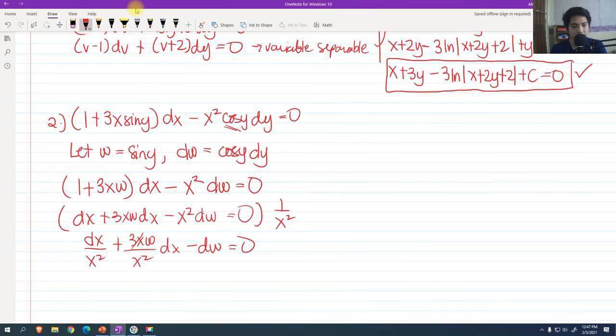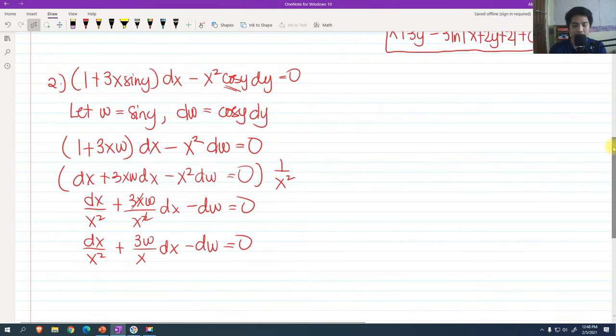So we know that this would cancel. So we have dx all over x squared plus 3w all over x dx minus dw equals 0. If I rearrange this equation, we will arrive at a linear differential equation.